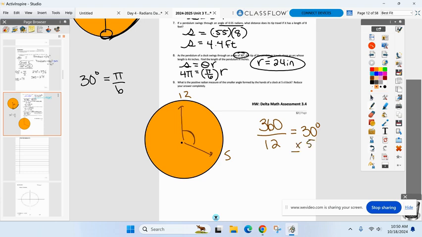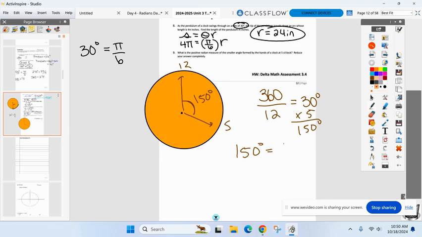So that's an angle of what? 150. Okay, but that's not my answer because we asked for it in what? Radians, yep. So you take 150 degrees, convert it. It's going to be 5 pi over 6.